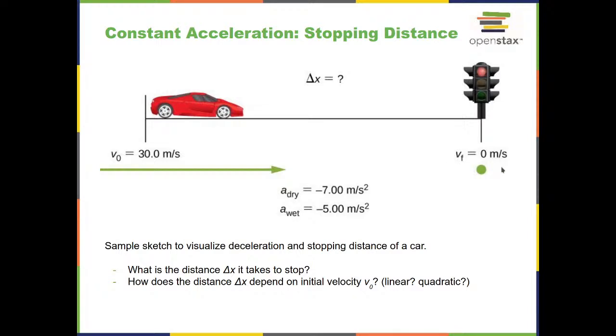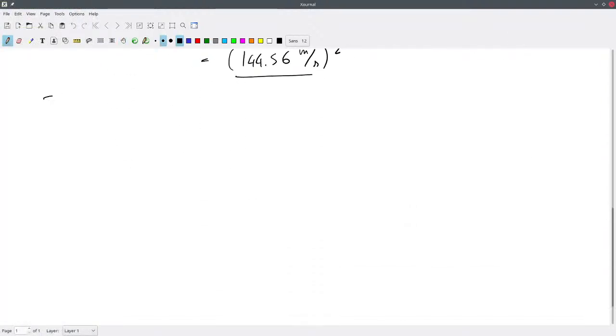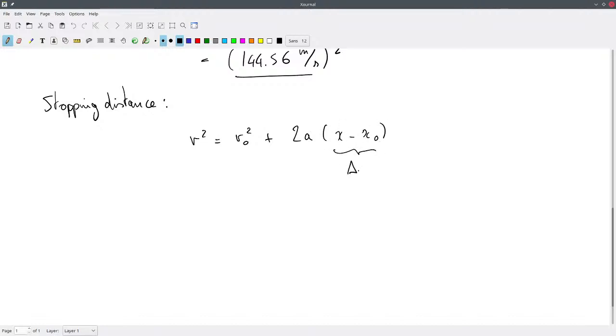So let's look at calculating the solution here. So for stopping distance, we have that v squared is v0 squared plus 2a times x minus x0, and I'm going to call this delta x.